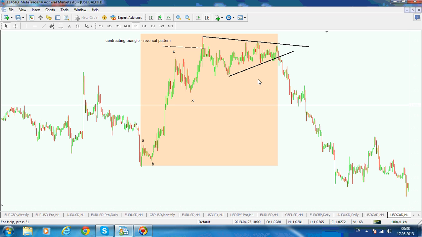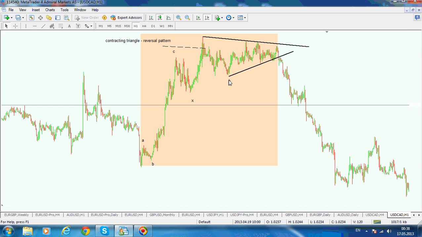Now, one important thing to keep in mind when dealing with a contracting triangle is that under such a pattern, the first leg of the contracting triangle, namely wave A, is the longest wave in the triangle, and all the future legs to come under such a pattern should be shorter than the previous leg.